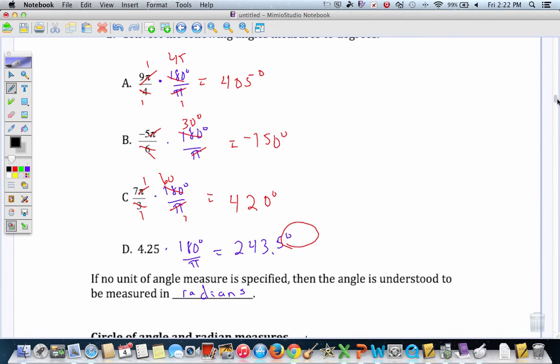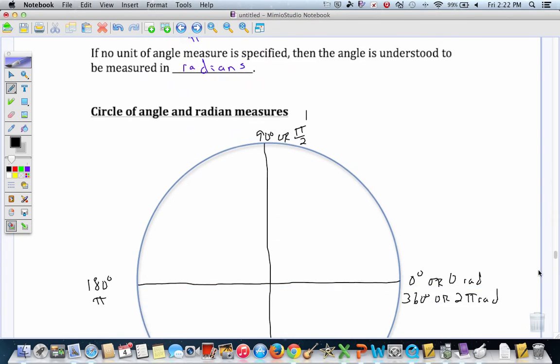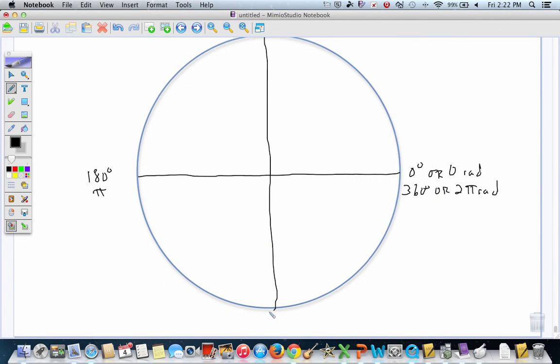And if I go down to the bottom, oops, let's go back and do degree measure first. So our degree measure is 270 degrees. I kind of jumped the gun, but our radian measure is 3 pi over 2.